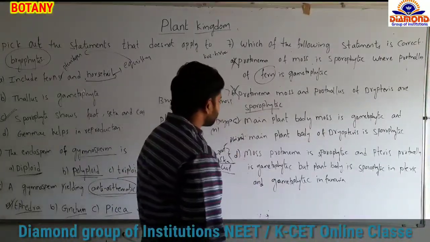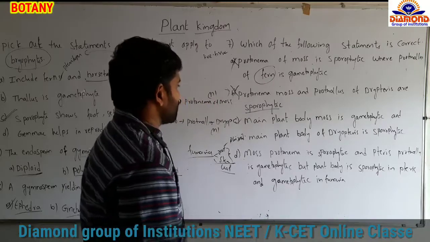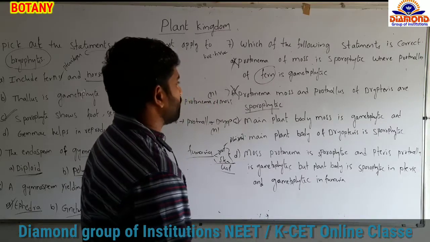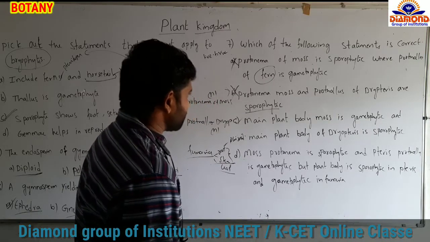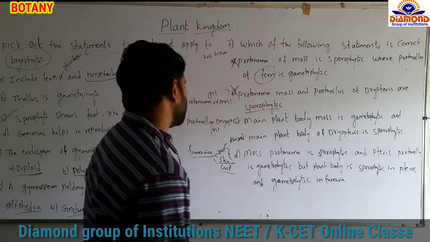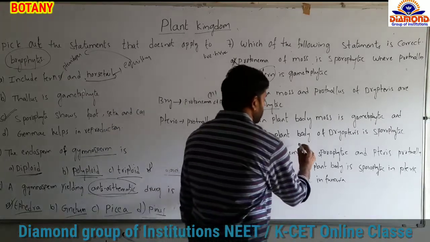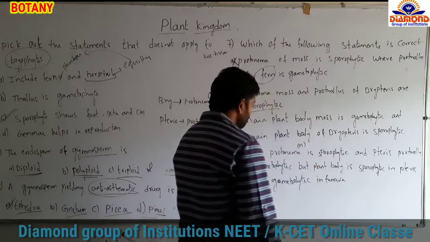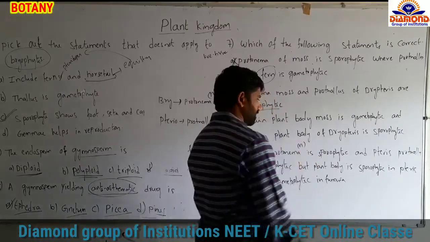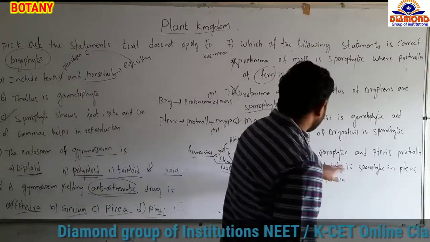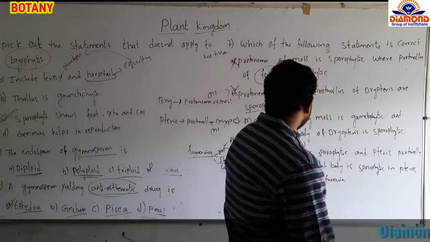And option D: moss protonema is sporophytic and Pteris prothallus is gametophytic. Here moss protonema is gametophytic, Pteris prothallus is also gametophytic, but the plant body of Pteris is sporophytic.